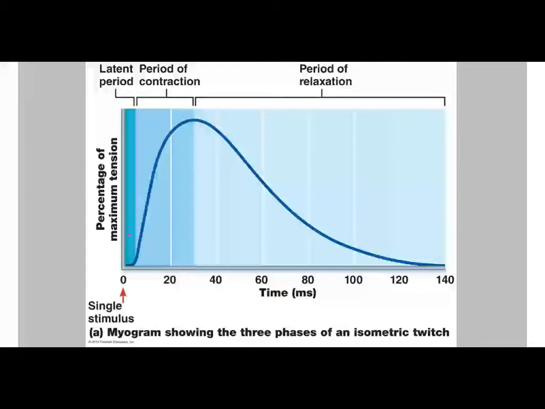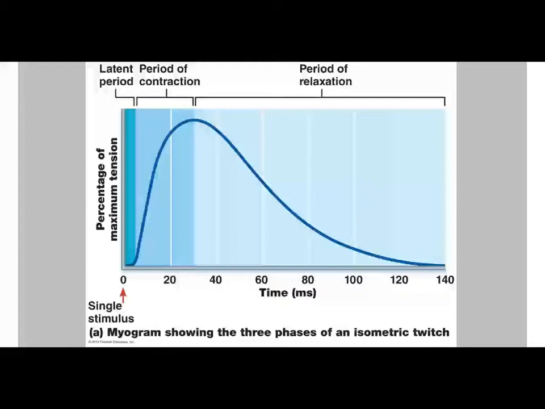First is this dark blue shaded area here called the latent period. The latent period is the time from arrival of the action potential up to release of calcium and binding of calcium to the troponin, ending when the cross bridge forms.